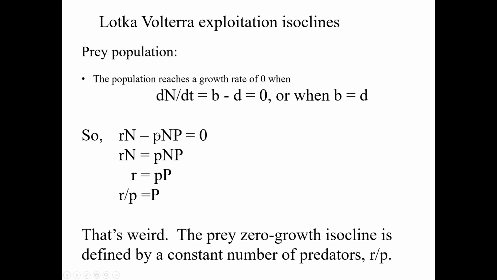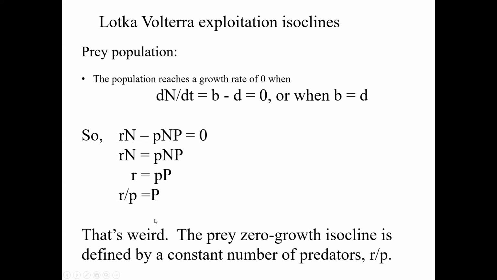Okay, so rN is the birth rate minus the death rate equals dN/dt, and we're setting dN/dt to 0. So let's just rearrange. Let's add pNP to both sides. Okay, that cancels out. And now we have rN equals pNP. You have N on both sides. That cancels out. So now little r, the birth rate, equals the predation rate times the number of predators.